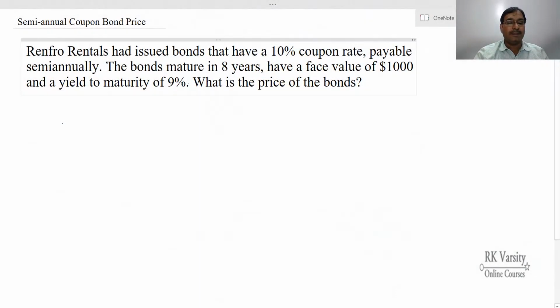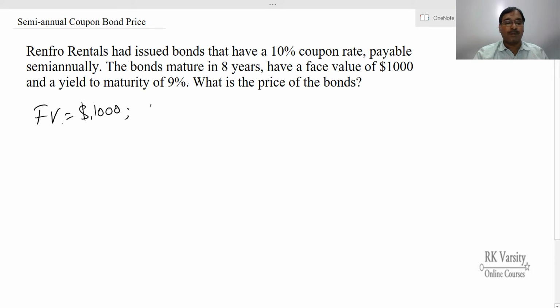With this example, I'll explain how to calculate the price of a semi-annual coupon bond. In the case of a semi-annual coupon bond, coupons are paid twice in a year. So first we look at the input variables. One is the face value of this bond, which is $1,000. Then the coupon rate is 10%.